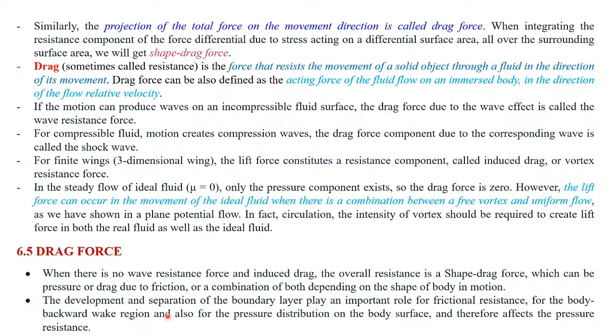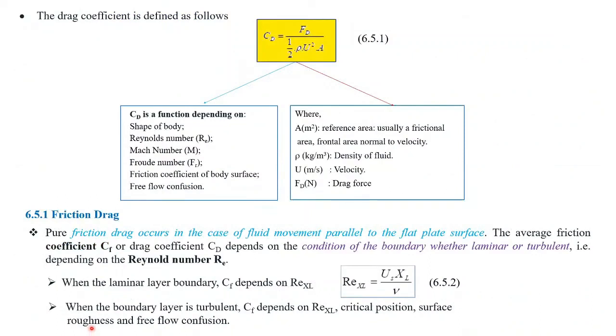The development and the separation of the boundary layer play an important role for the frictional resistance, for the body's backward wake region, and also for the pressure distribution on the body surface, and therefore affect the pressure resistance. So this is very important.